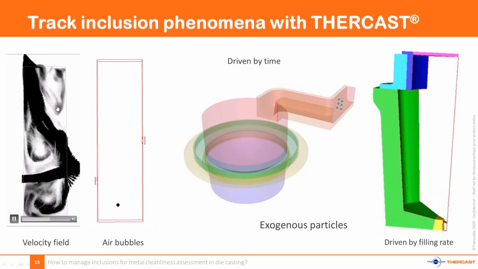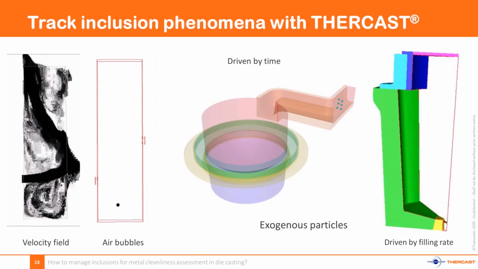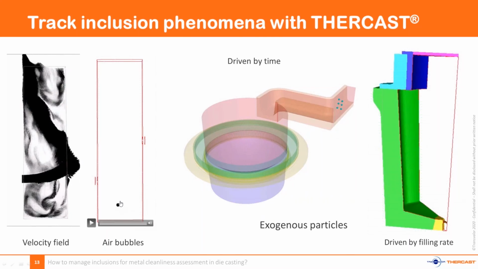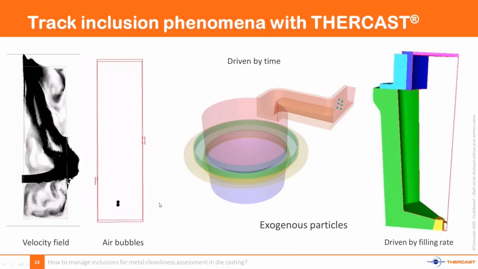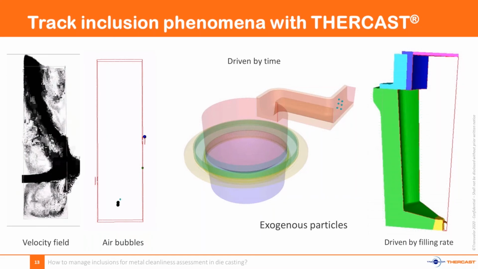Which is creating some main jets and also more or less big vortices depending on the time. And here we have a source of air bubbles that are driven by time, and also these bubbles have different sizes. So the size of the point is representing the size of the bubble.